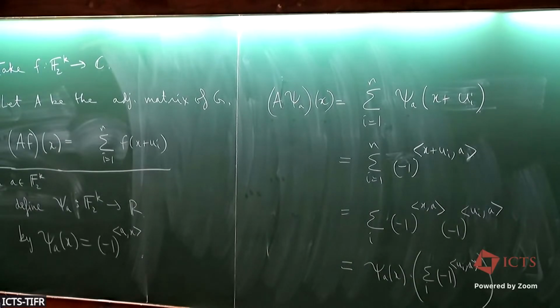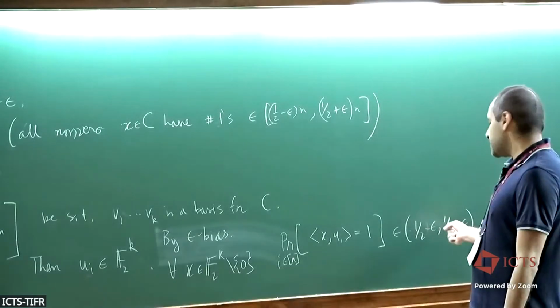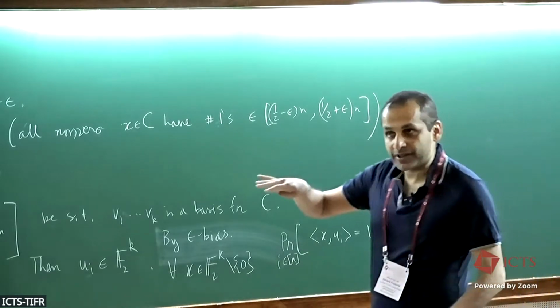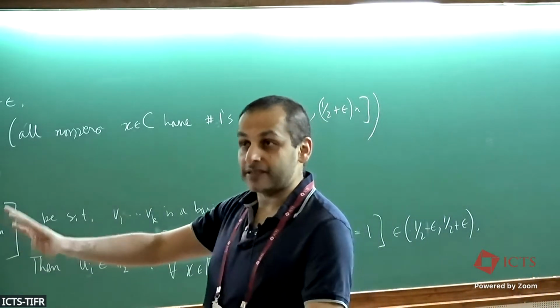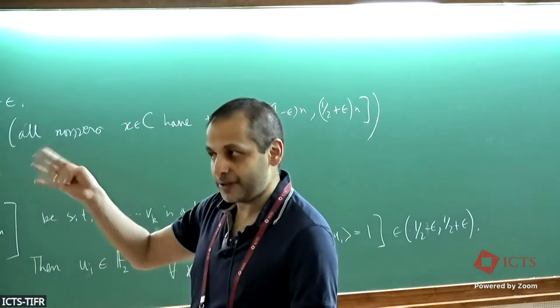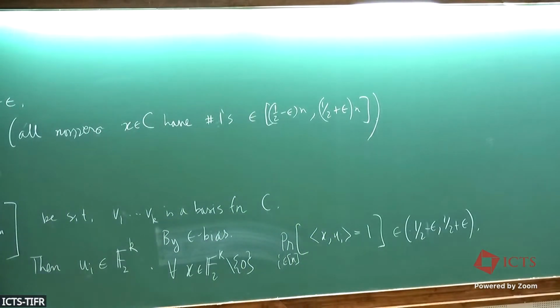If you just assume distance, then you'll get that the probability that x ui equals 1 is at most half plus epsilon. So you'll still get an upper bound on the eigenvalue. So it is actually an expander, either an absolute eigenvalue expander or a one-sided expander. But you get an expander. Distance gives expansion. Epsilon bias gives two-sided spectral expansion.